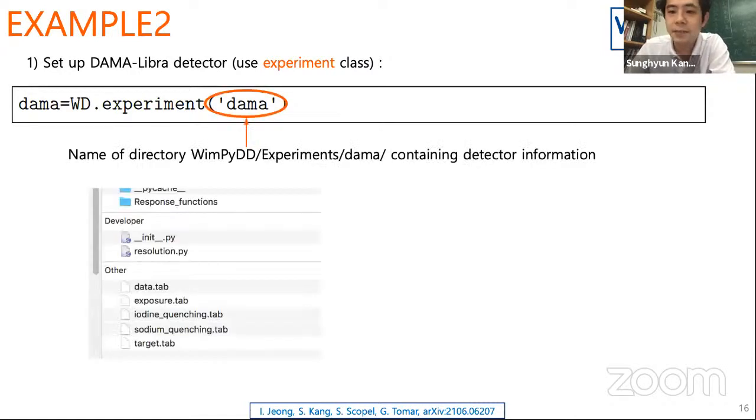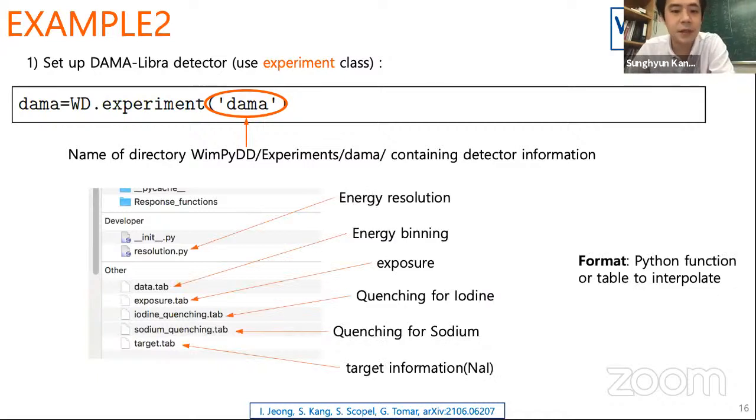The name of the experiment needs to be passed as a string in order to indicate the directory inside of the WimPyDD folder properly. There, detector information such as energy resolution, energy binning, exposure, quenching for each target element, and the information of targets such as formula is located. The format of these files is a Python function or a table to interpolate.